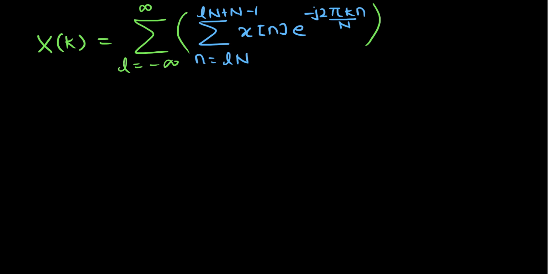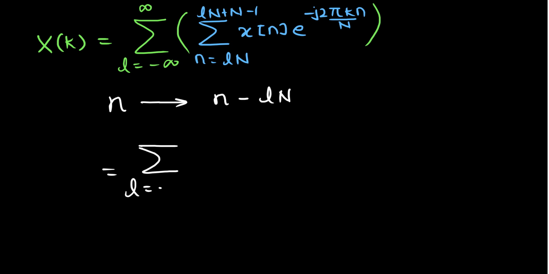Now we will do again a mathematical manipulation by just having the index of this x of n changed to n minus Ln. So what we have here is summation L running from minus infinity to infinity. Inside the bracket, the limits now would be n equal to 0 to n minus 1.